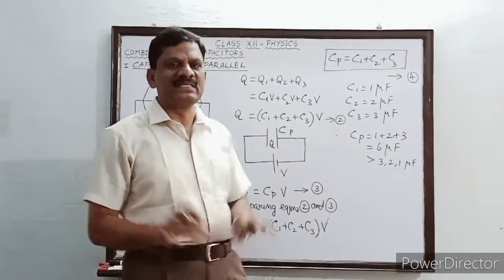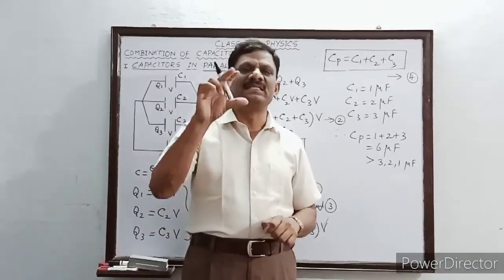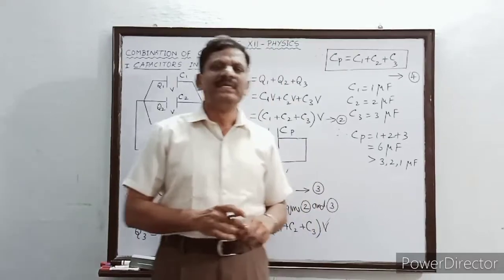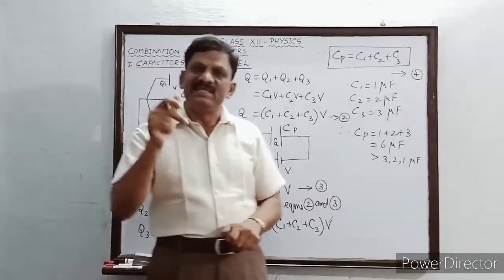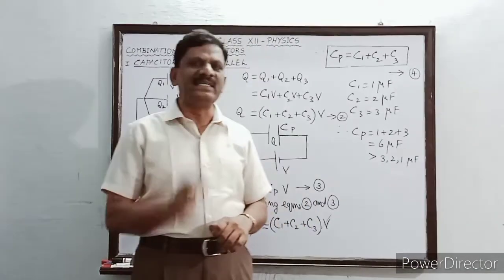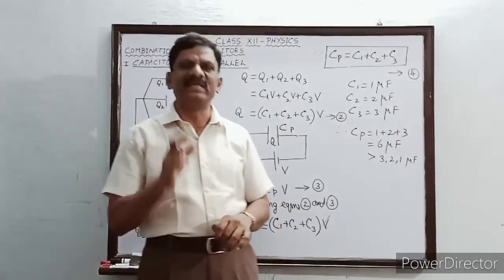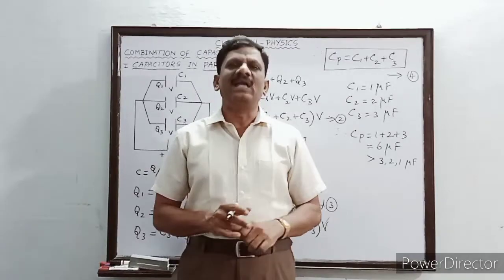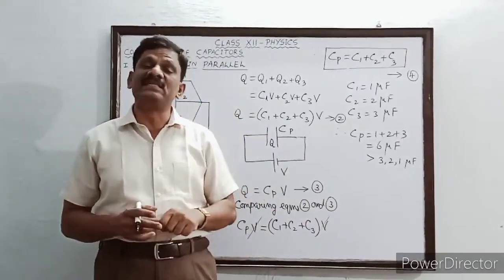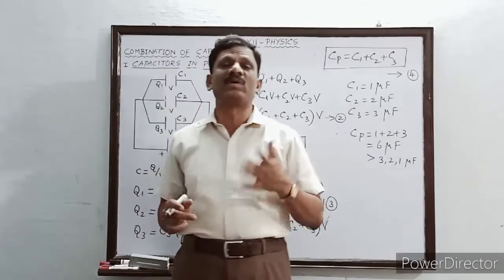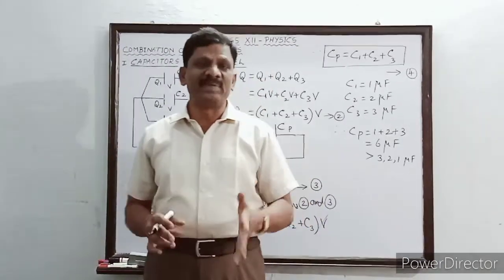Fine students, as a summary, when capacitors are connected in series, then 1 by Cs is equal to 1 by C1 plus 1 by C2 plus 1 by C3 up to 1 by Cn. The reciprocal of the effective capacitance is equal to the sum of the reciprocals of the individual capacitances.